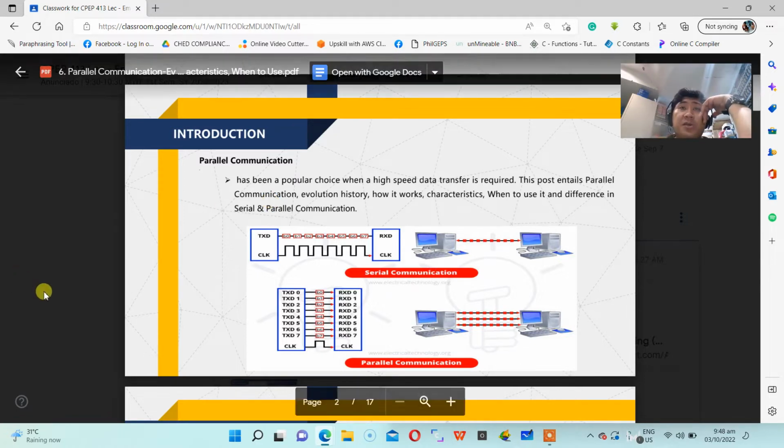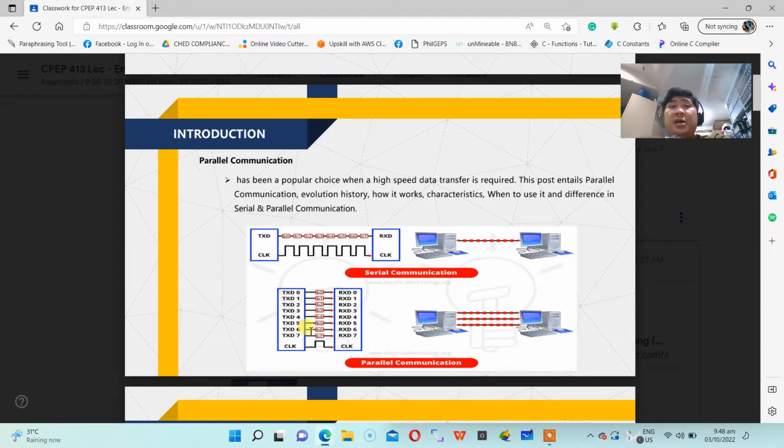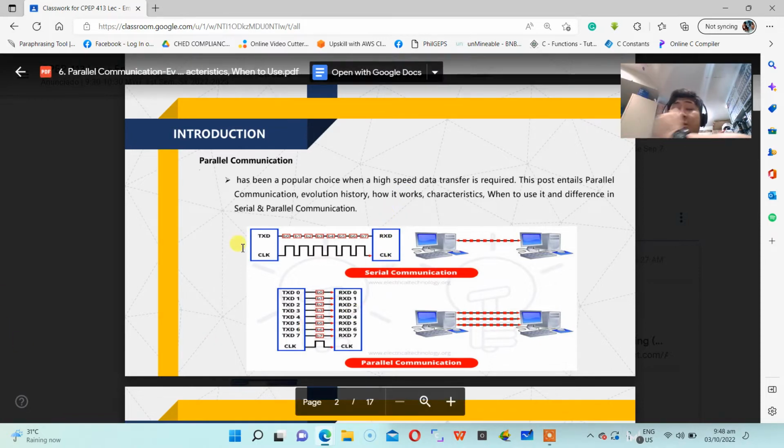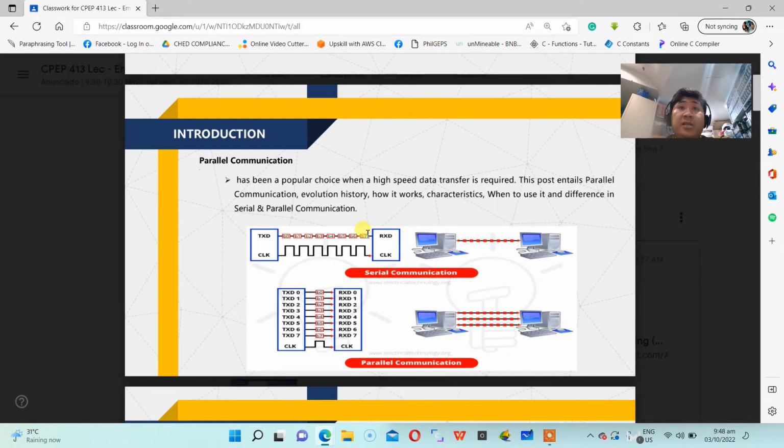So in terms of transfer for parallel communications, the difference there is that each bit of data is transmitted simultaneously. If you could see in the serial transfer, it will be transferred one at a time. Okay, so it started with, let's say, B7.